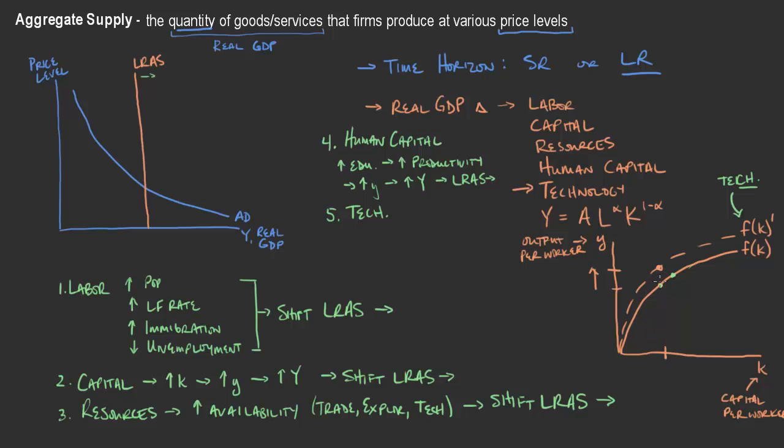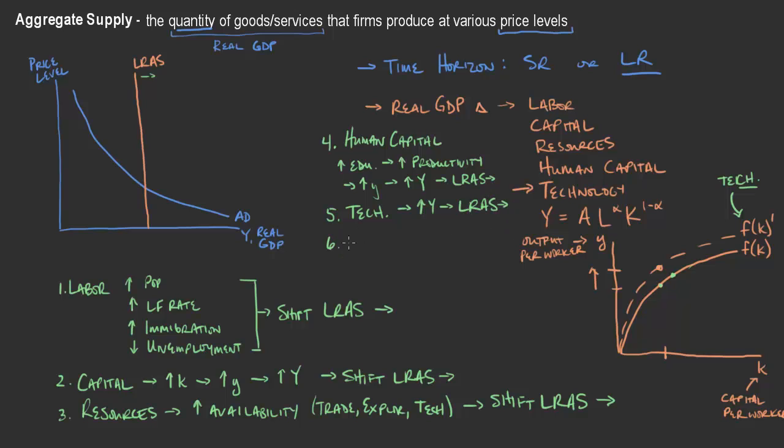Your use of that copier machine, your use of that computer, maybe you come up with some sort of software that makes the computer itself even more productive for the work that you are doing in that business. And so increases in technology would also have, for all of these same reasons, an increase in real output, an increase in the long run aggregate supply curve to the right.